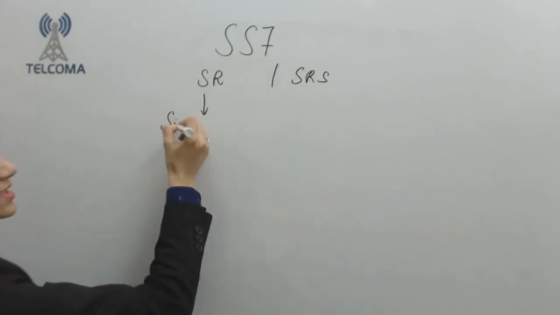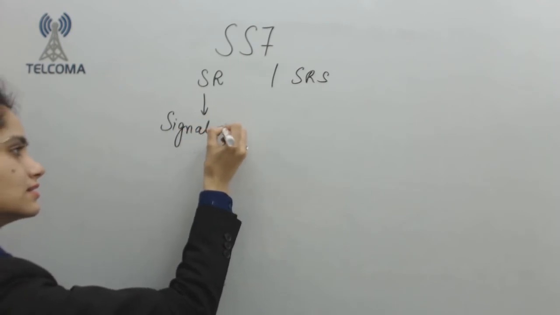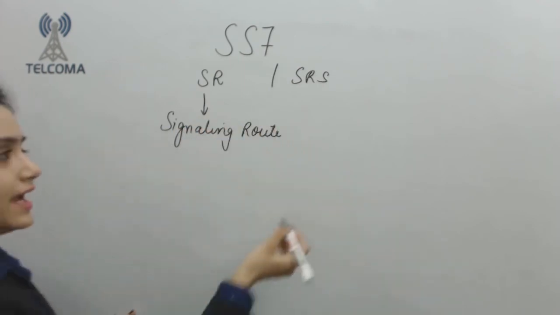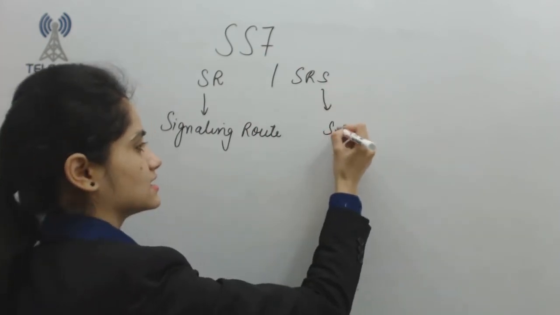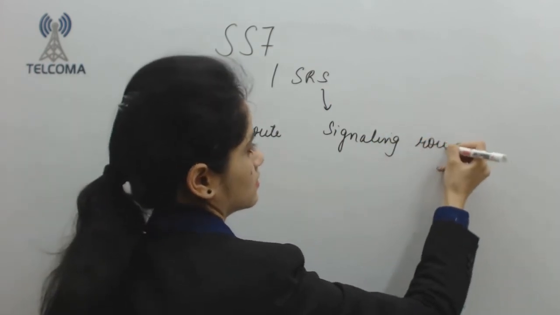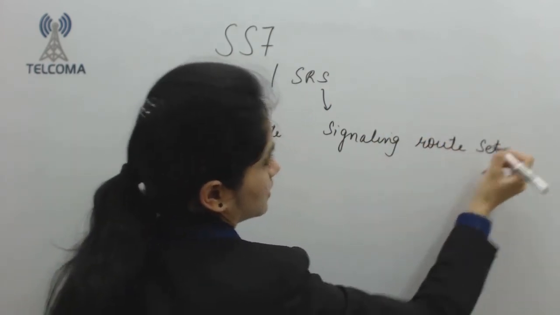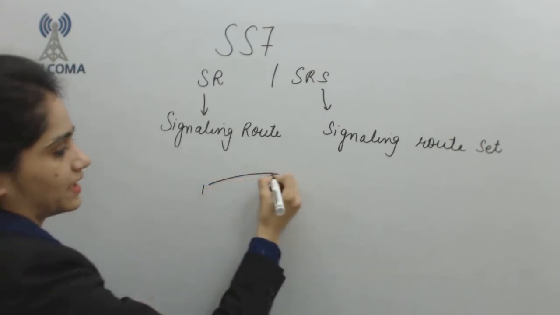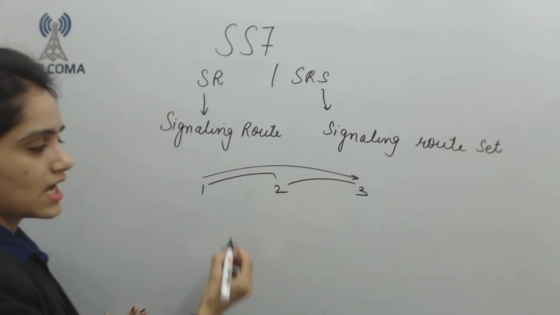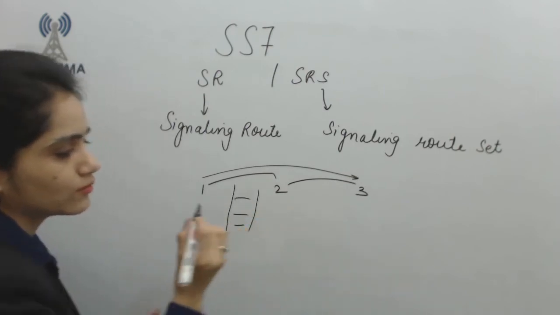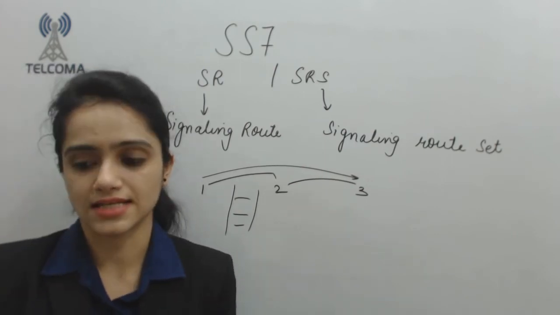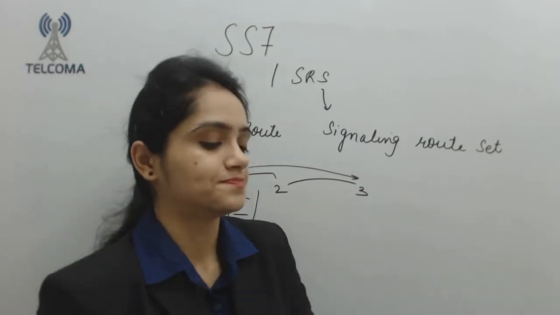SR is the signaling route, and SRS is the signaling route set. The route followed, like from 1 to 2 to 3, will form my complete route. A set of routes to be followed by signaling messages is used as a signaling route set.